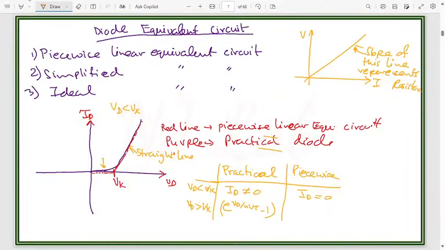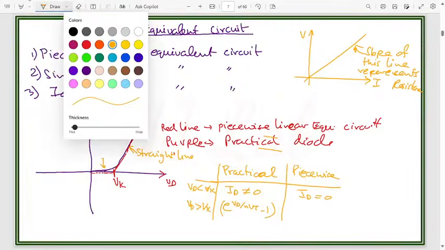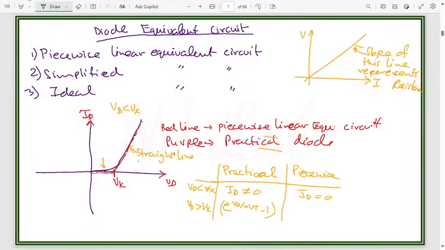So by representing this curve by a straight line, we can represent this straight line with a resistance, and this resistance is known as RAV, or the average resistance, right?